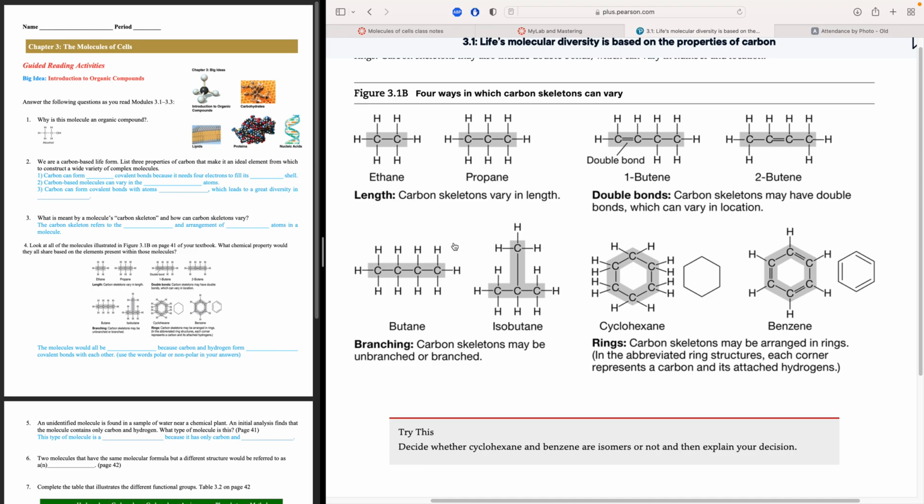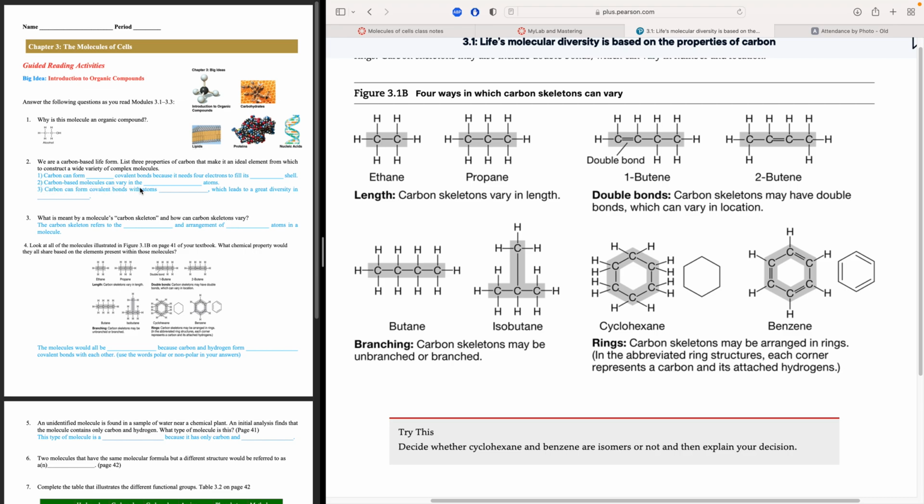Number 1, carbon can form how many bonds? 4, because it needs 4 more electrons to fill its valence shell, its outermost electron shell. So that was number 2.1.